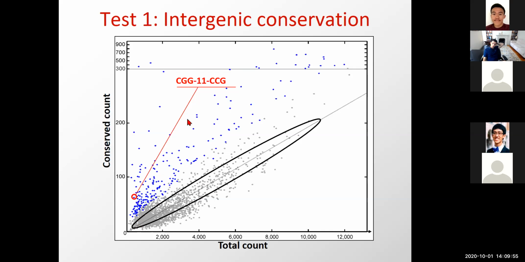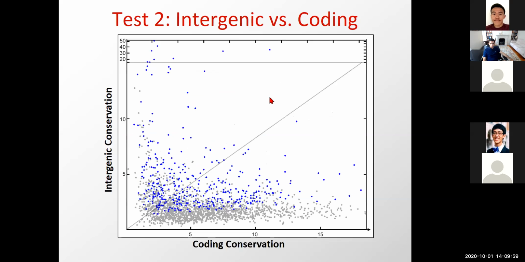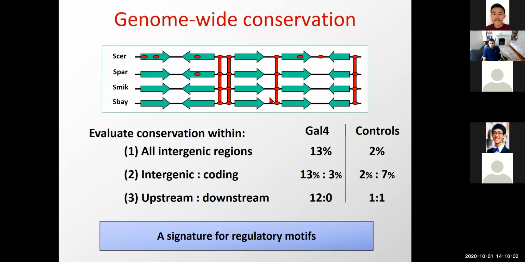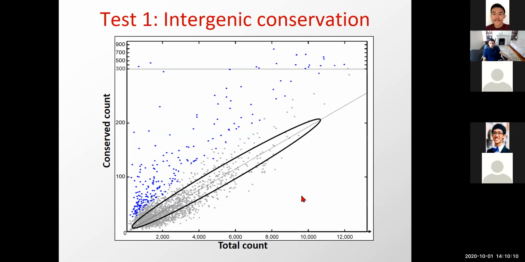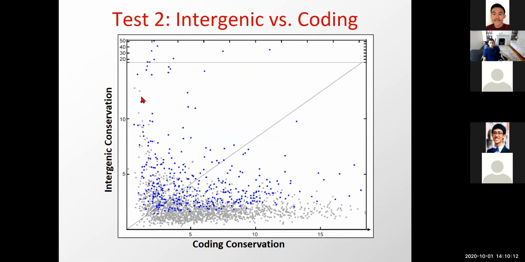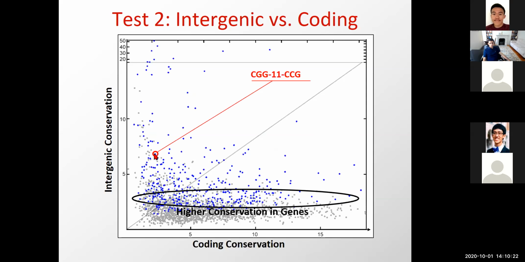There's a lot of other blue points that suggest that there's many motifs that are preferentially conserved. Let's look at the second test, where GAL4 showed a preference for intergenic versus coding, whereas controls showed a preference for coding versus intergenic. So here, in the second test, you see that there's a lot of motifs that show higher conservation in genes more generally.